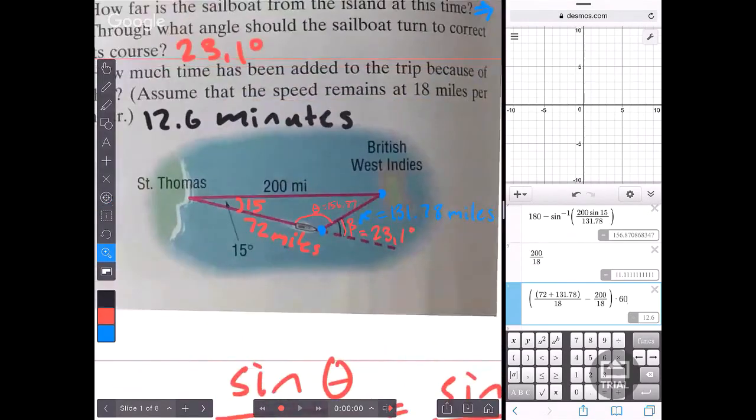So here it was. This is their journey with the mistake. They would have been 200, but with the mistake, they're 72, 131.78. Drawing's not very nice, but that's the right answer.